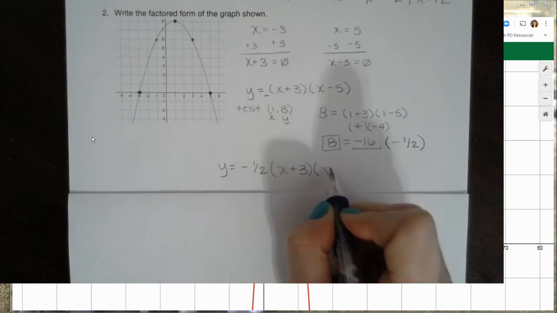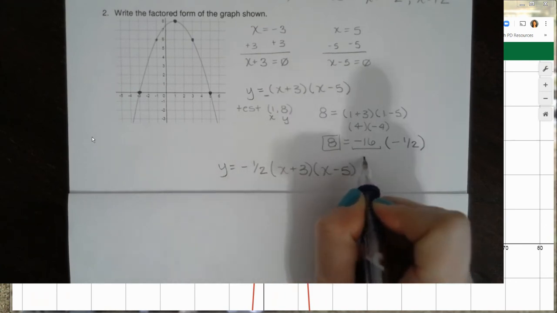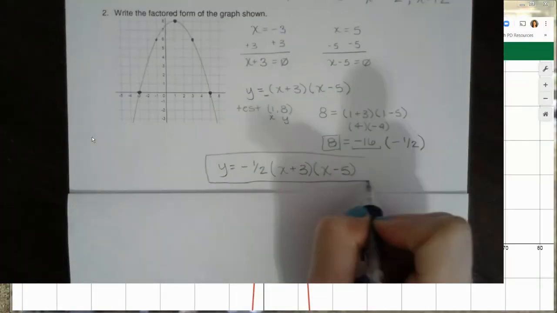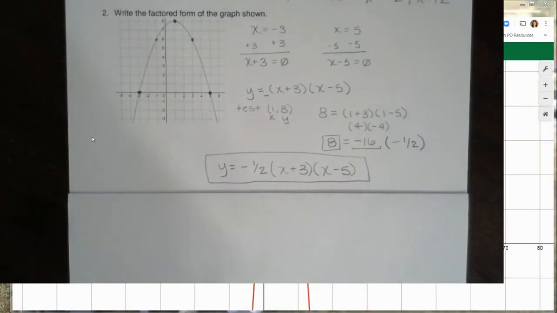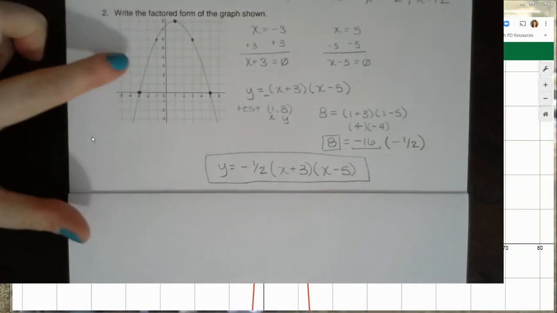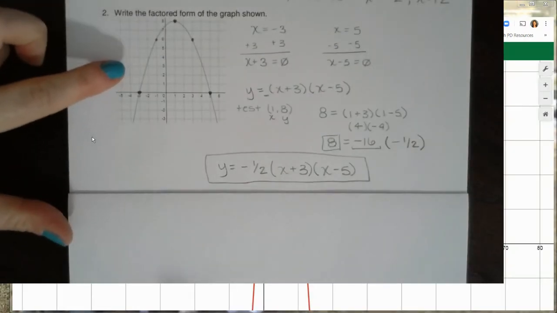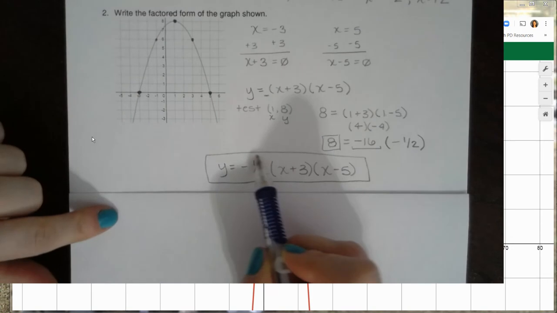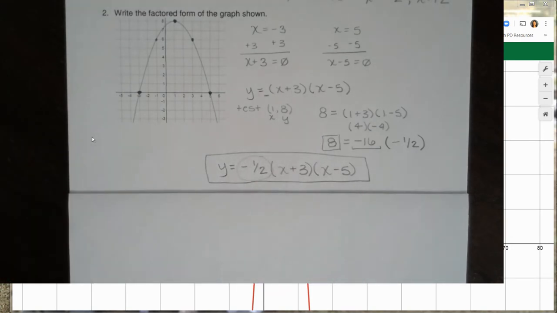And then my factors, x minus 5. And this is the factored form of this graph that I was given. And this coefficient here is what would be in front of x squared if I was looking at it in standard form.